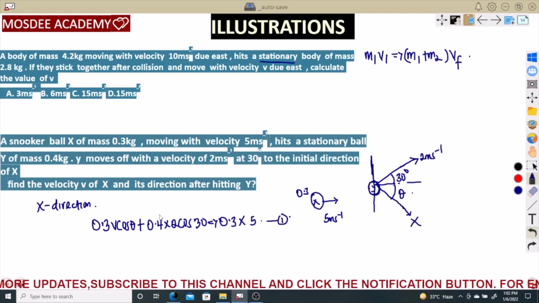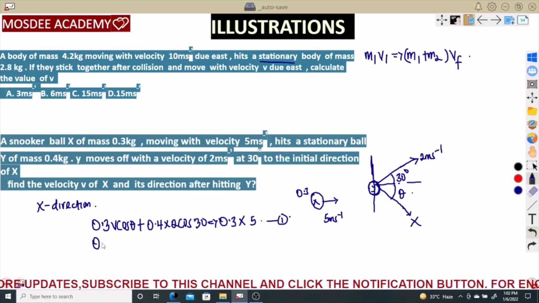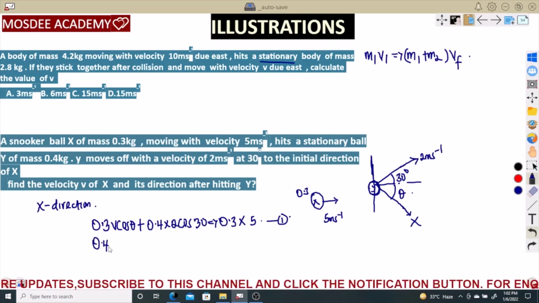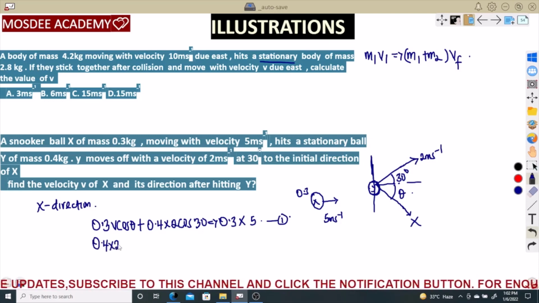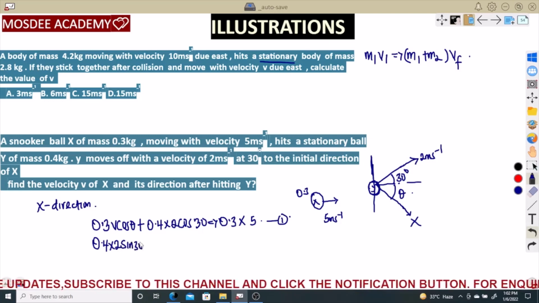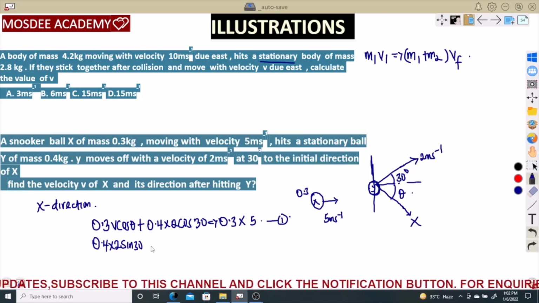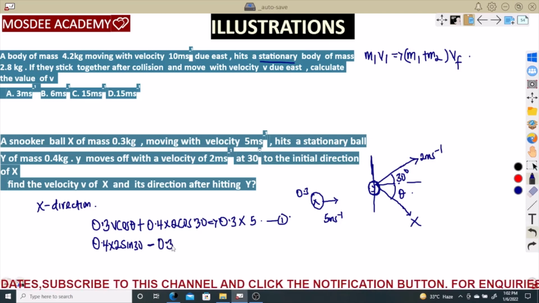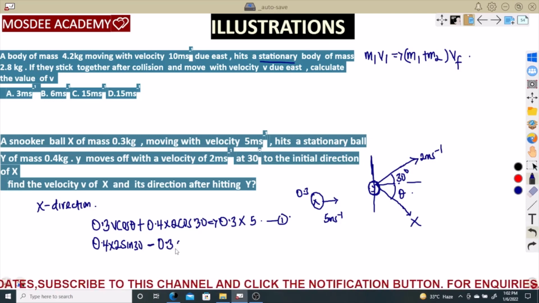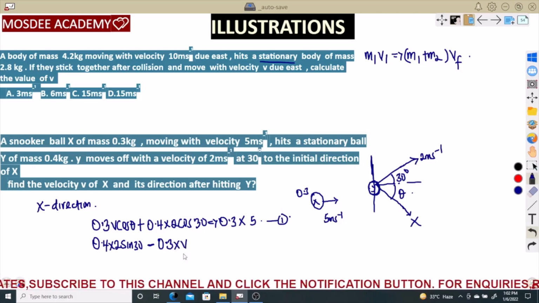So now doing that one, I don't need to waste time. You know, I'm talking about sine. So this will be 0.4 times 2 sine 30, plus, okay, because they are not in the same line, like I said in the concept, it is to be minus 0.3 times v sine theta.